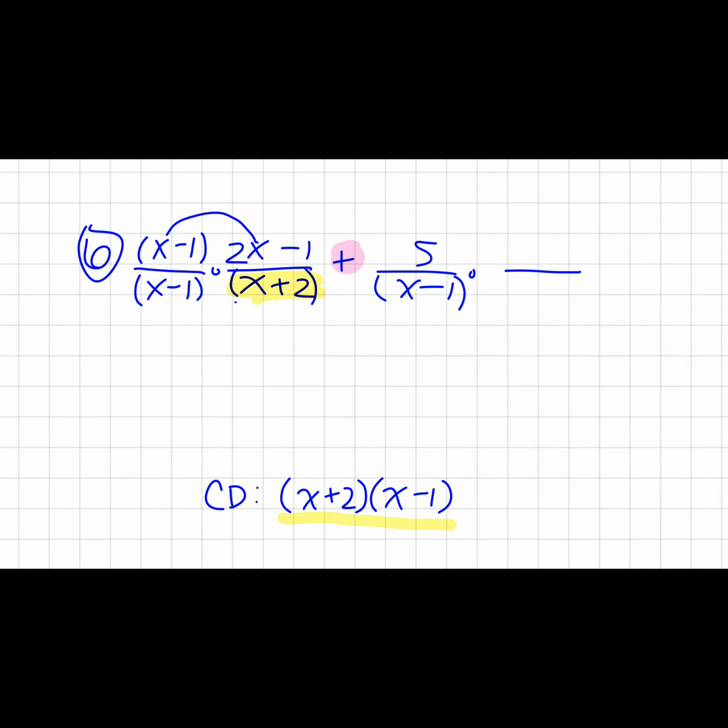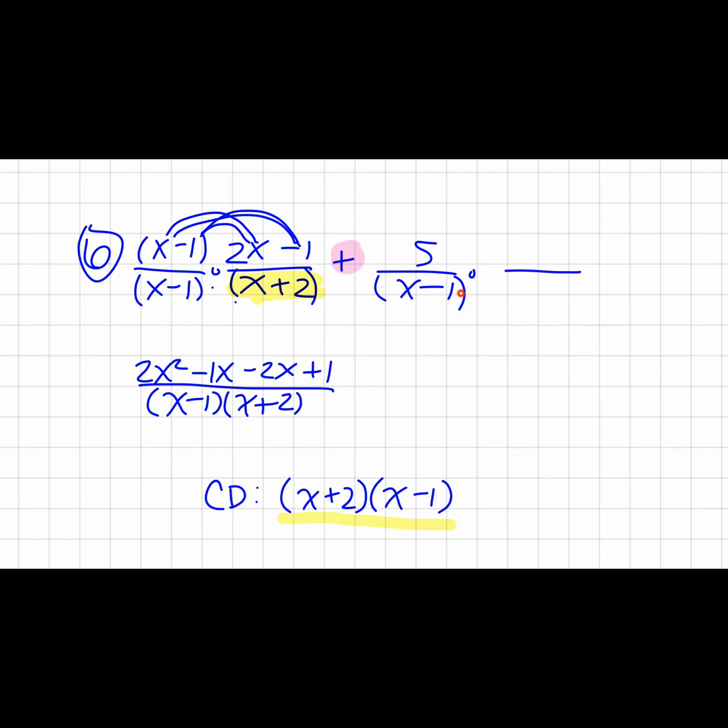I get x times 2x, so that's 2x squared. I get x times negative 1, so that's negative 1x. I get negative 1 times 2x, so that's a negative 2x. And a negative 1 times a negative 1, which is a positive 1. And this is all over x minus 1 and x plus 2, my common denominator, which I got from multiplying those two on the bottom.